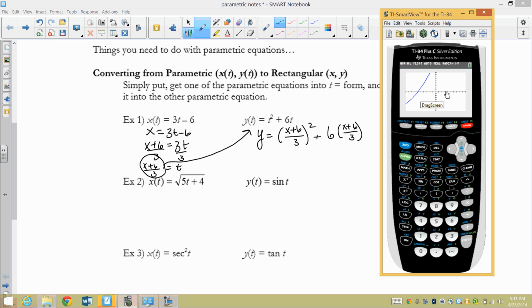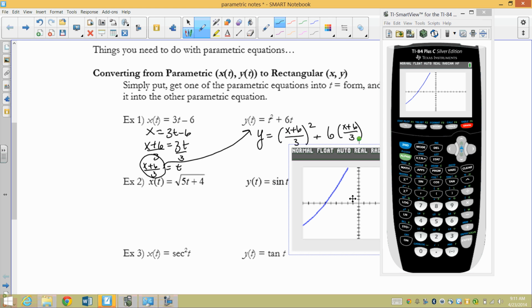Now I've graphed that in parametric mode. So if I take this, just so you can see it in parametric mode, I'm going to put it right here.